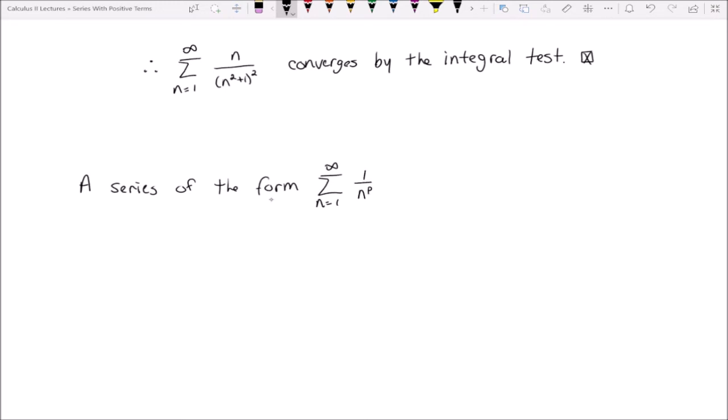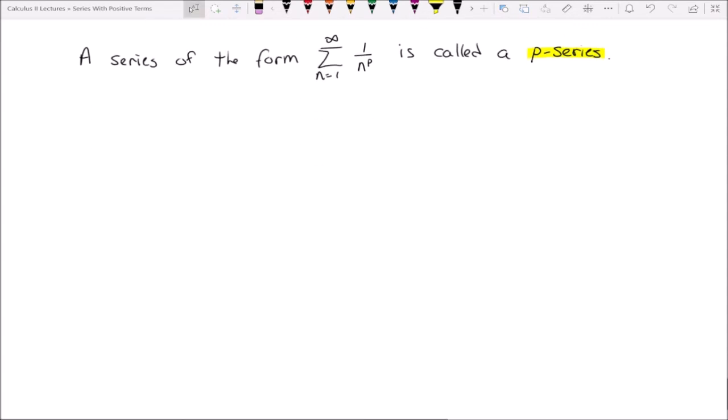Series as n goes 1 to infinity, 1 over n to the p, is called a p-series. Now we look at this series. We're going to examine it.